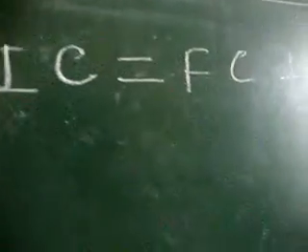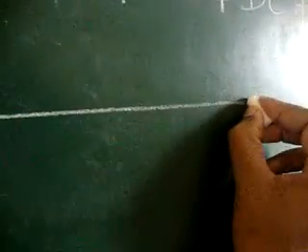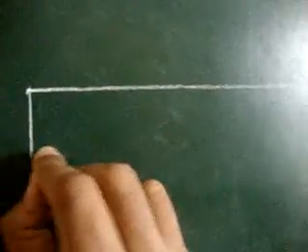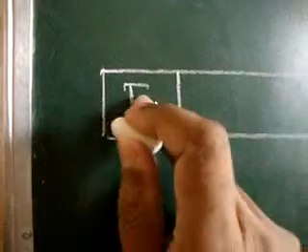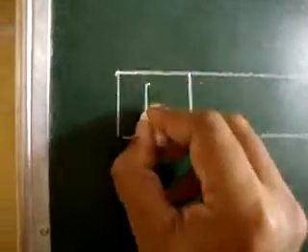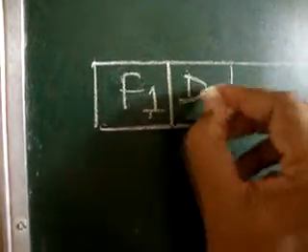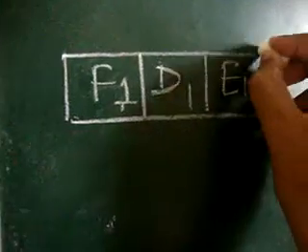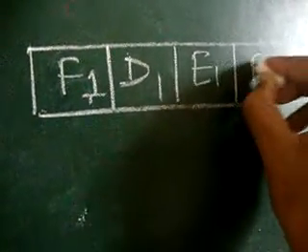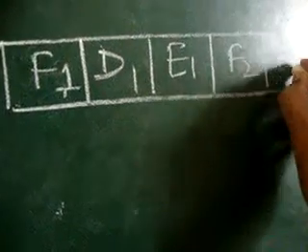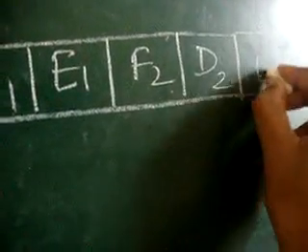Suppose that there are 2 instructions and their time slots can be shown as F1. One instruction cycle can be divided in 3 parts: F1, D1 and E1. Similarly, second instruction's timing can also be divided in 3 parts: F2, D2 and E2.